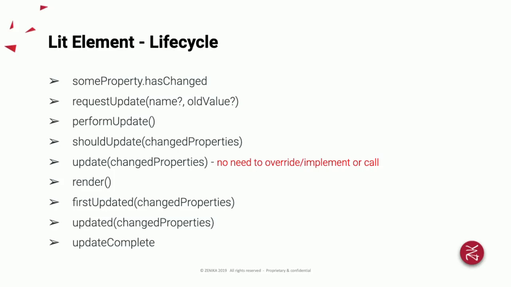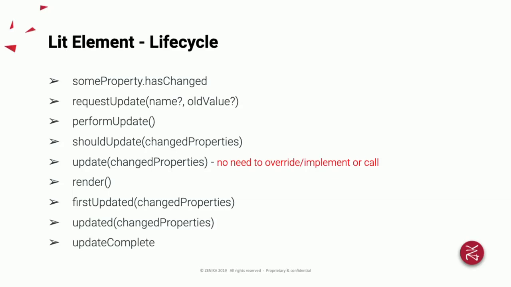For the update, no need to override, no need to implement. It's just that LitElement has this lifecycle in between shouldUpdate and render, wherein in this update, the reflection of properties to attributes is happening. And then we have this render. This one, we will use most of the time.